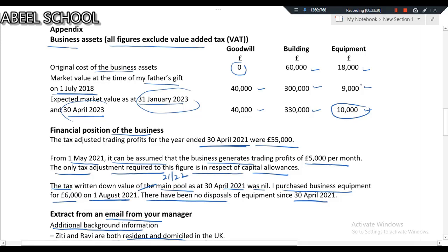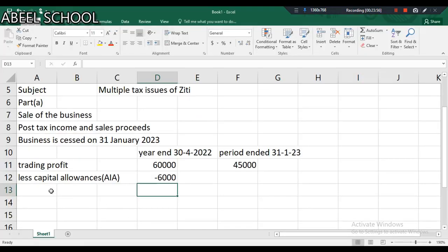On that equipment, I got the annual investment allowance of 6,000, which means the written down value of the equipment in the main pool is 0, and I'm going to sell it for 10,000. So it will result in a balancing charge, and the balancing charge will increase my trading profit.